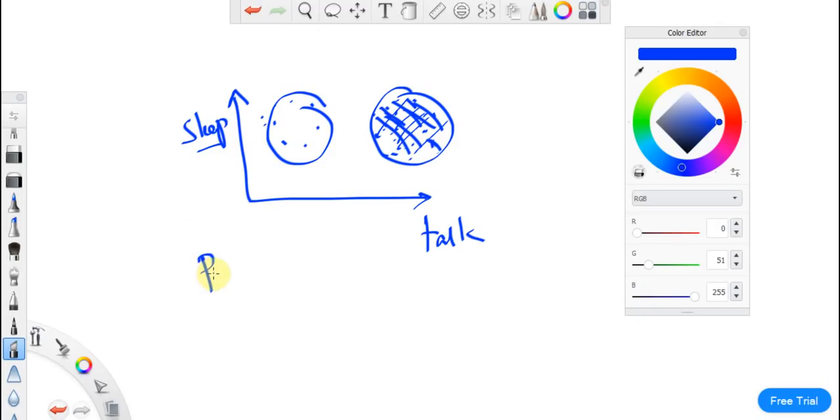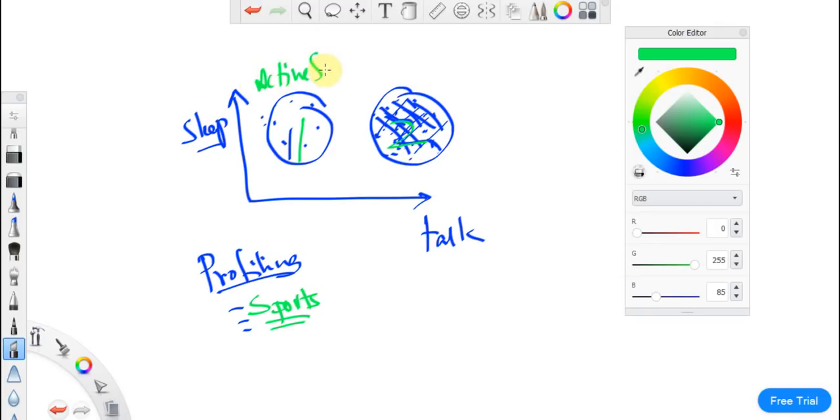To do that, we will use the profiling exercise again. We will try to find some variables on which these two groups 1 and 2 differ. One such variable, after a thorough discussion, we arrived at is sports. We said that those who are in the first group might be inactive in terms of sports or other physical activities.